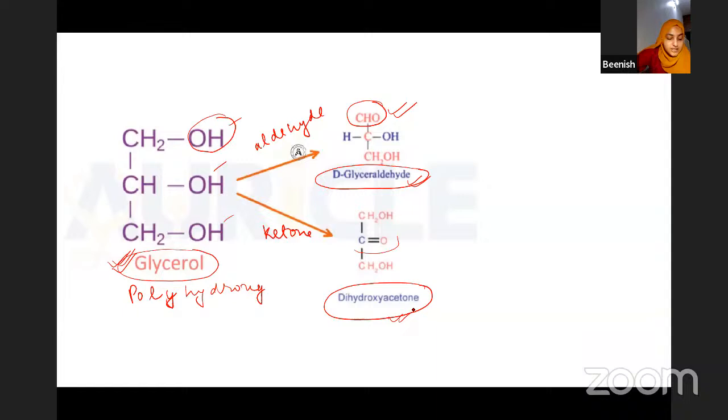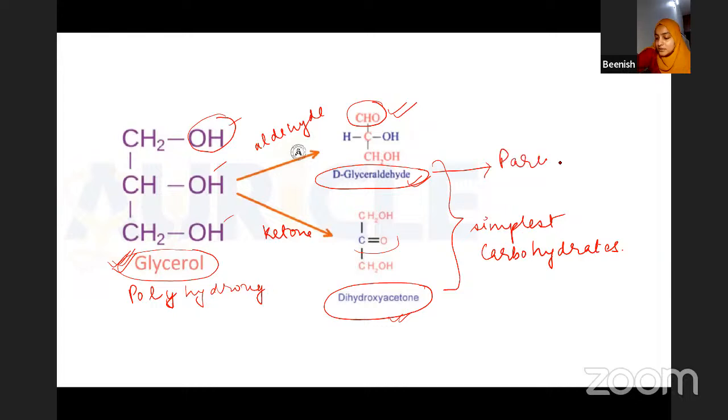Okay, so these are the simplest carbohydrates. Glyceraldehyde and dihydroxyacetone are the simplest carbohydrates. Okay, now this glyceraldehyde is also considered the parent carbohydrate.